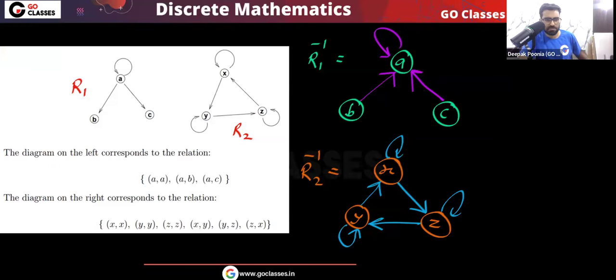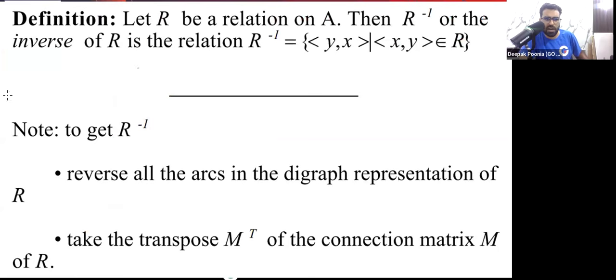I hope you understood. So we have seen the concept of R inverse, or the inverse of a relation R. The definition is simple: the inverse of relation R is the set of (y, x) such that (x, y) belongs to R. Means if the ordered pair (x, y) belongs to R, then (y, x) will belong to R inverse.